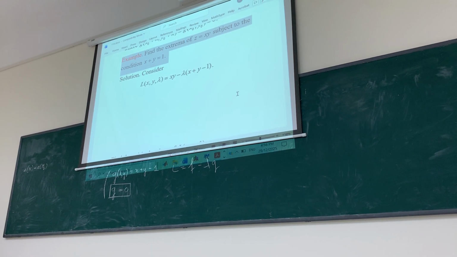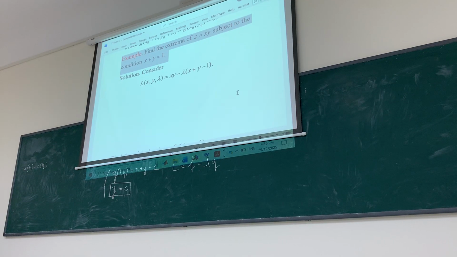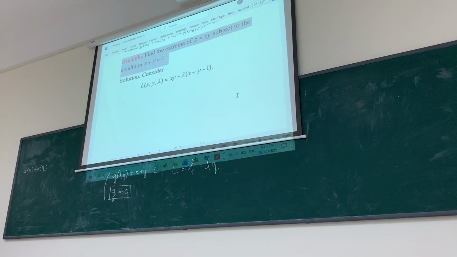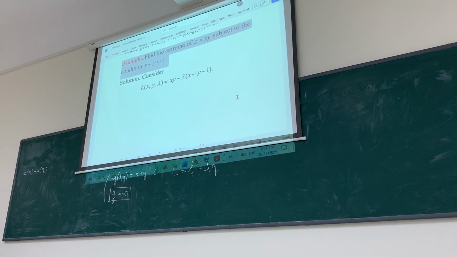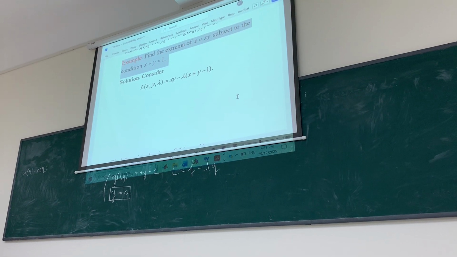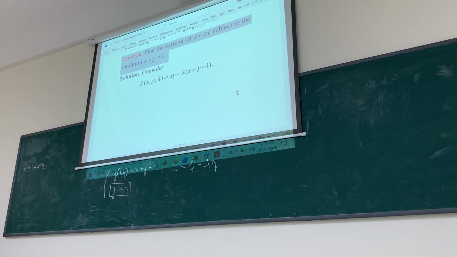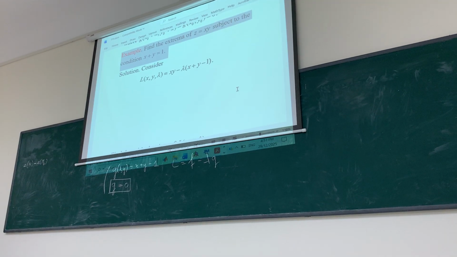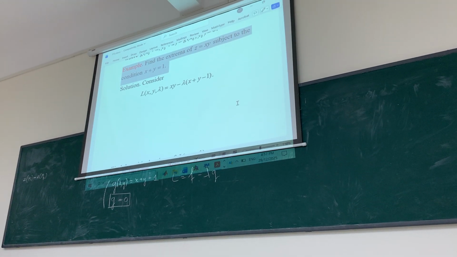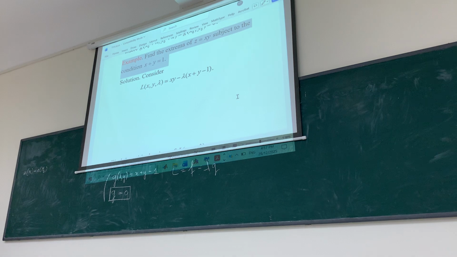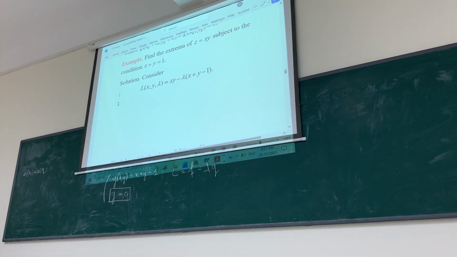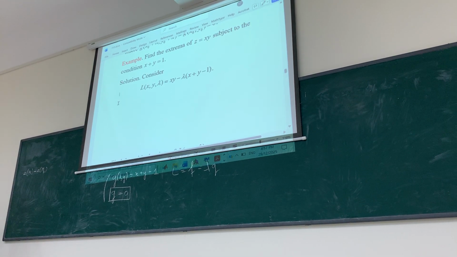Now follow the two steps above. What do we need to do first? First, we need to find the critical points of the function L. Critical points mean setting the first order partial derivatives of L to zero.